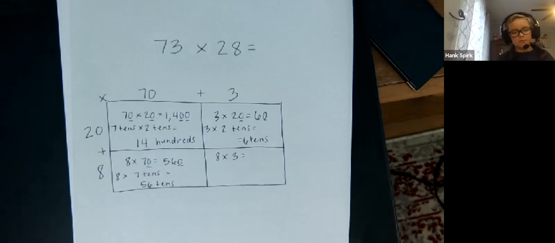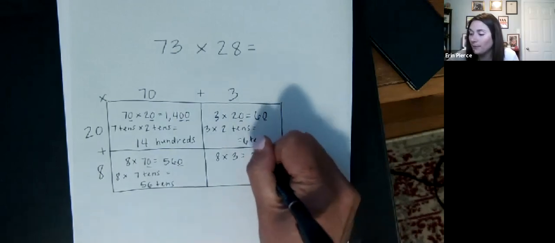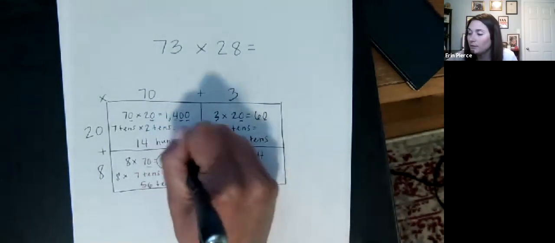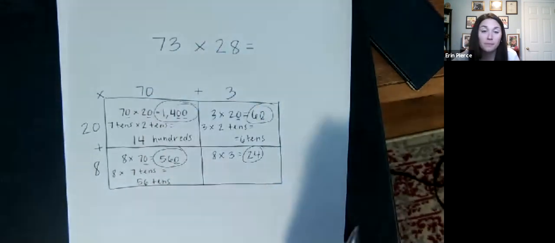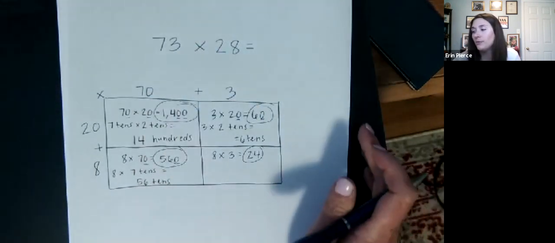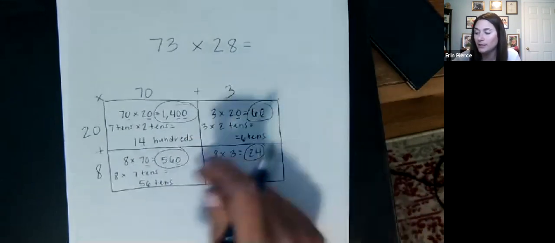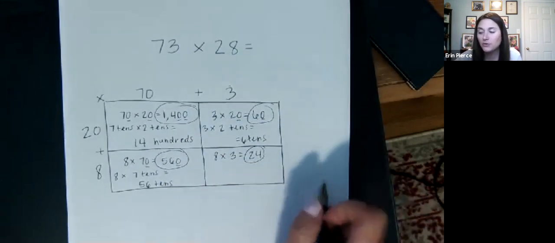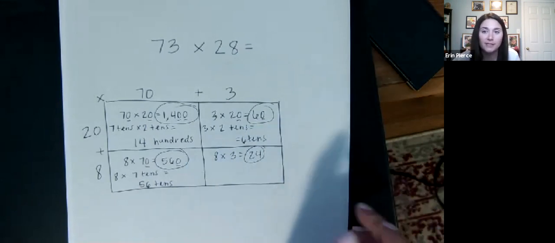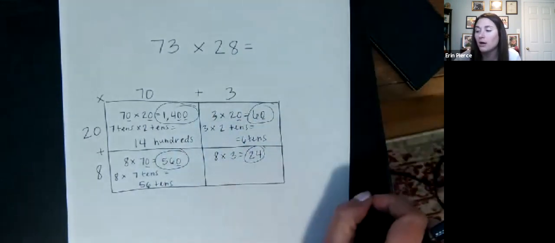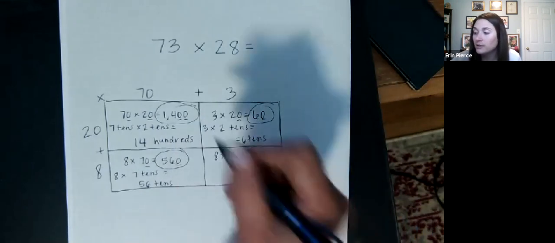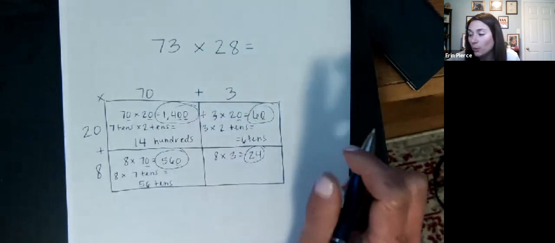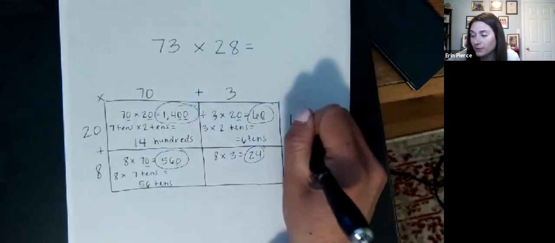So I'm having to add these amounts, okay? I might want to circle my answer in each box to remind myself. In some of this, I can do mental math. Like I might not have to set it up. I can look across and see 1,400 plus 60 is going to give me 1,460.